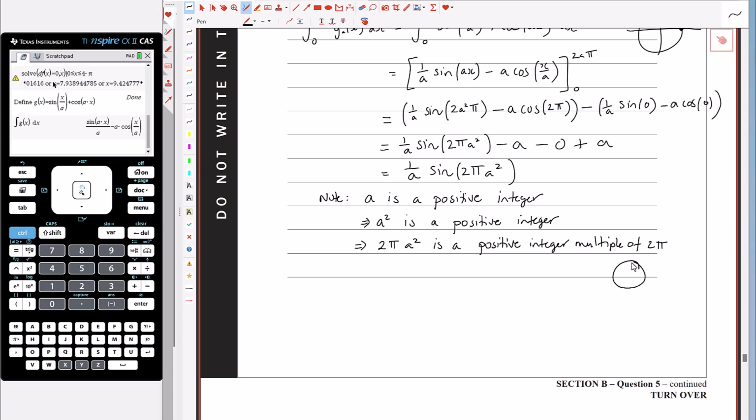Which means that it is always going to be located there on the unit circle. And sine is the y coordinate, and sine at that location on the unit circle is always going to be 0.